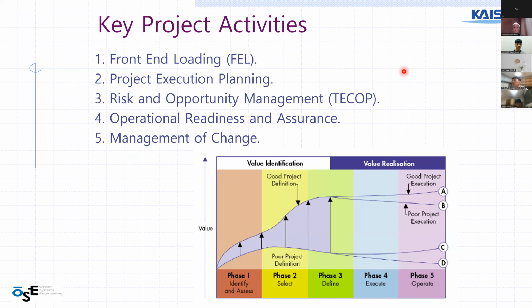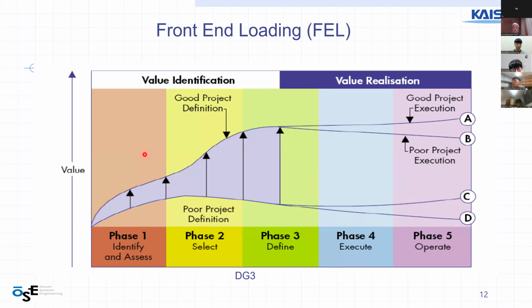Here are key project activities. Key project activities are front-end loading, project execution planning, risk and opportunity management, operational readiness and assurance, and management of change. And this figure shows the differences between good or poor definition and good or poor execution.